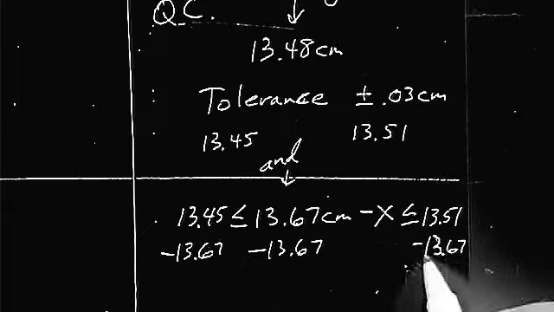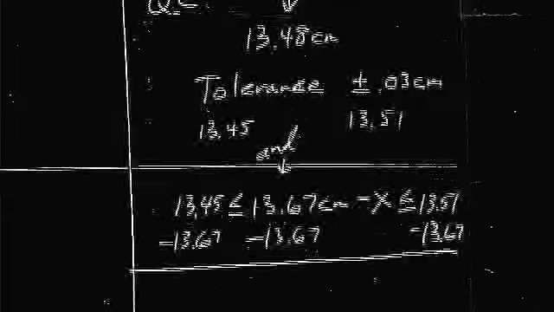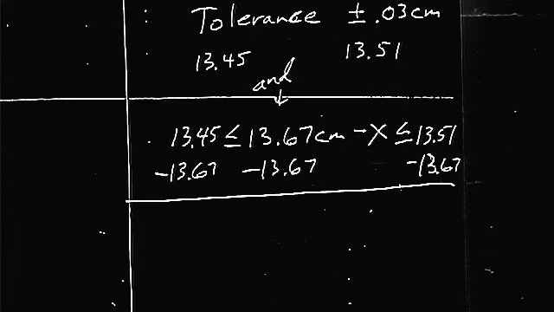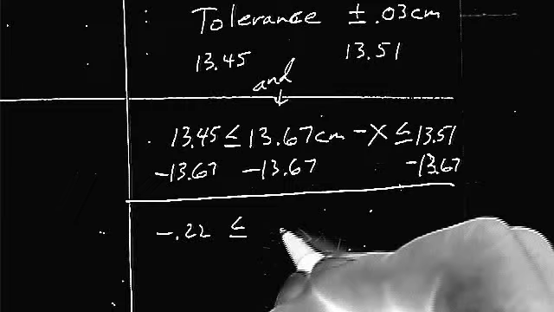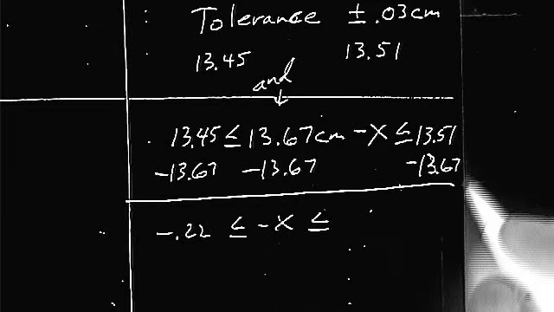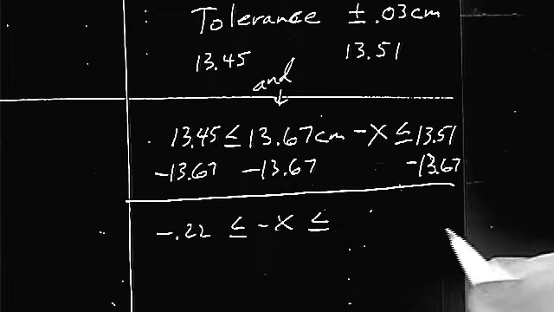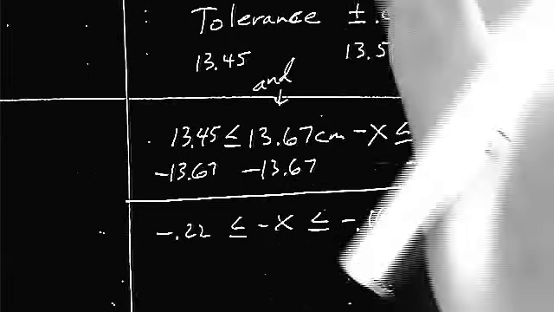I'm subtracting from the left and the middle and the right of this inequality, all at the same time. And so we end up with, on this side, negative 0.22 is less than or equal to negative x, which is less than or equal to negative 0.16.